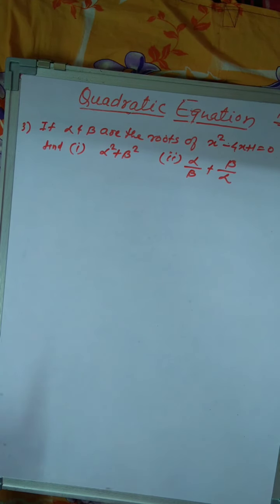Now the third example. If alpha and beta are the roots of the quadratic equation x square minus 4x plus 1 is equal to 0, find the value of alpha square plus beta square, and second, alpha upon beta plus beta upon alpha.